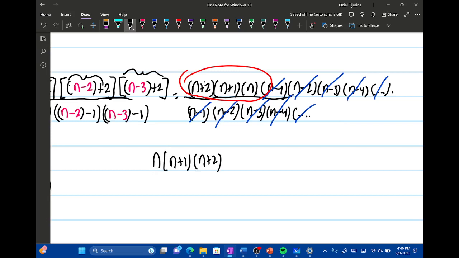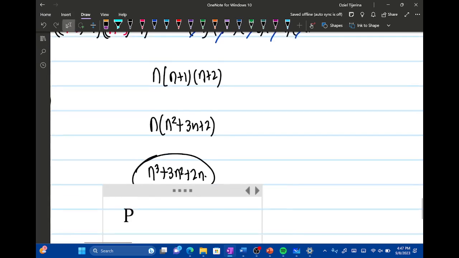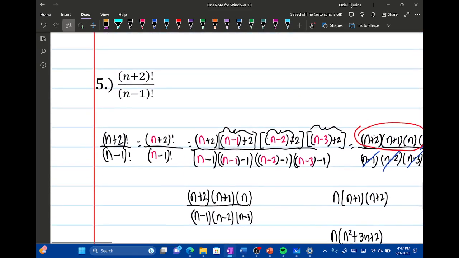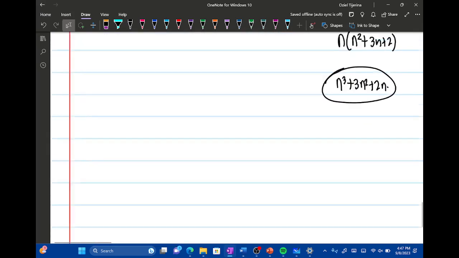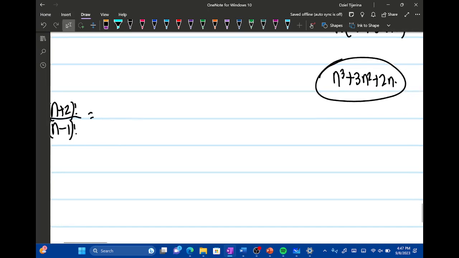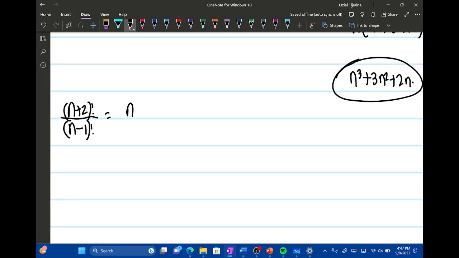If we multiply all of those out, we now know that for this problem, n plus 2 factorial over n minus 1 factorial is n cubed plus 3n squared plus 2n. It is a polynomial function of n, a cubic function.